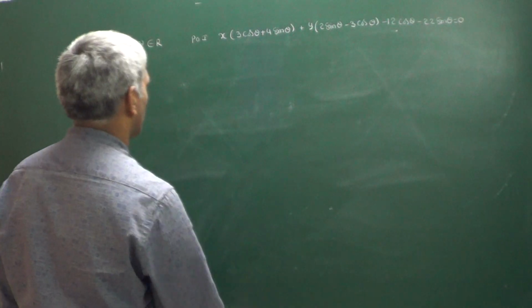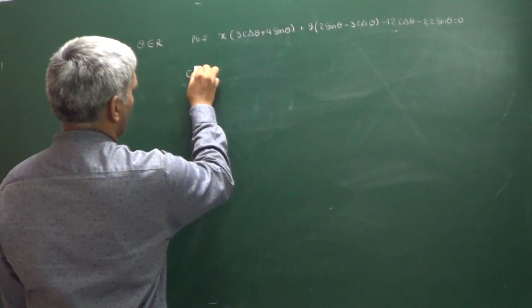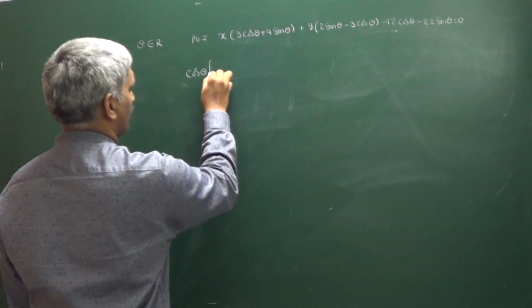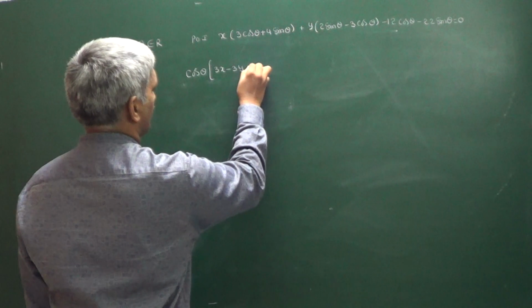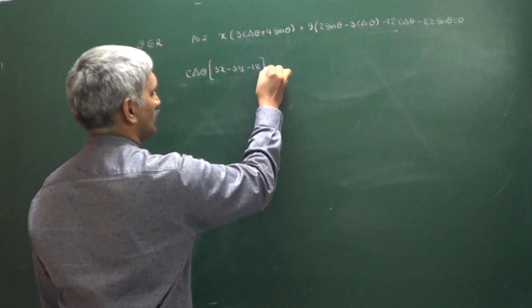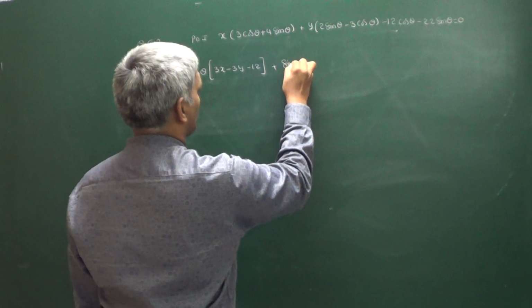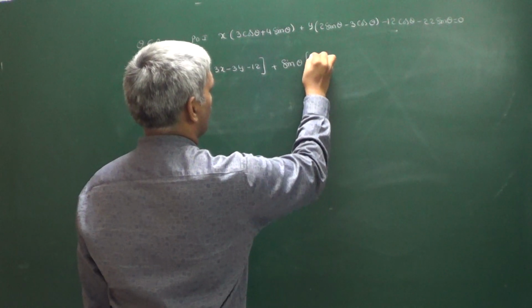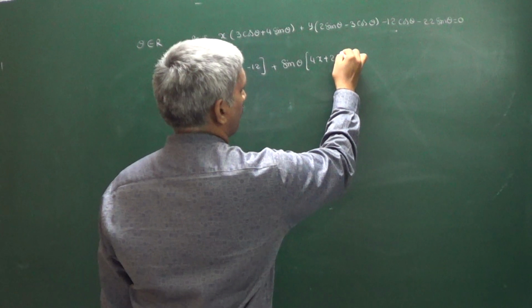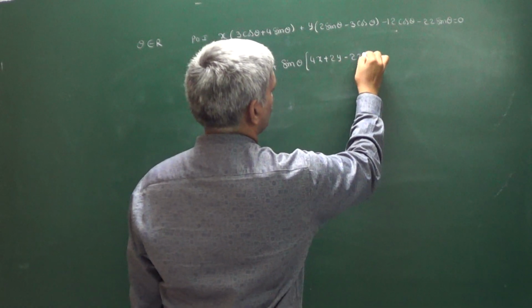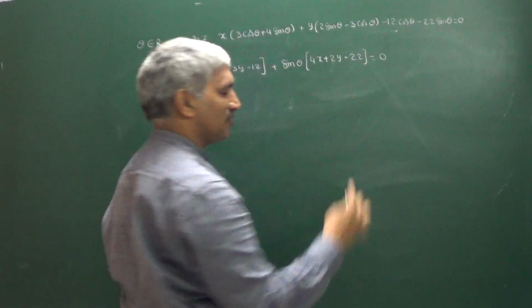What I am doing, observe here. First I am taking cos theta common everywhere, then we get 3x - 3y - 12. Next I am taking sin theta common, then we get 4x + 2y - 22 = 0.